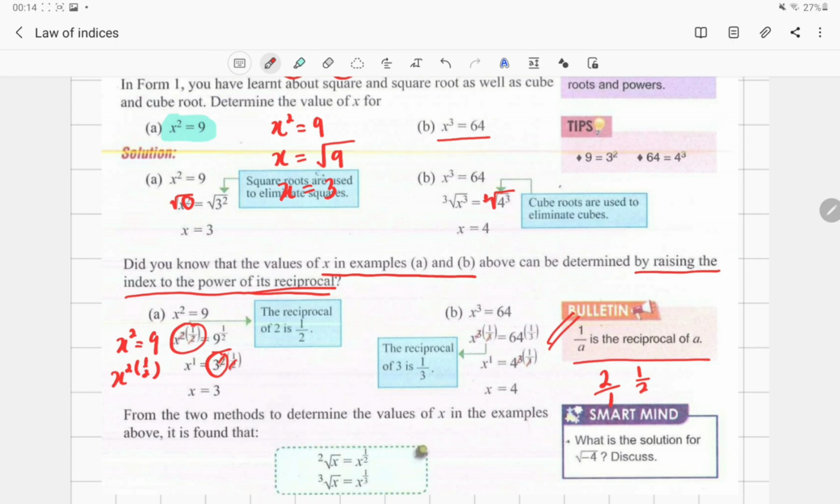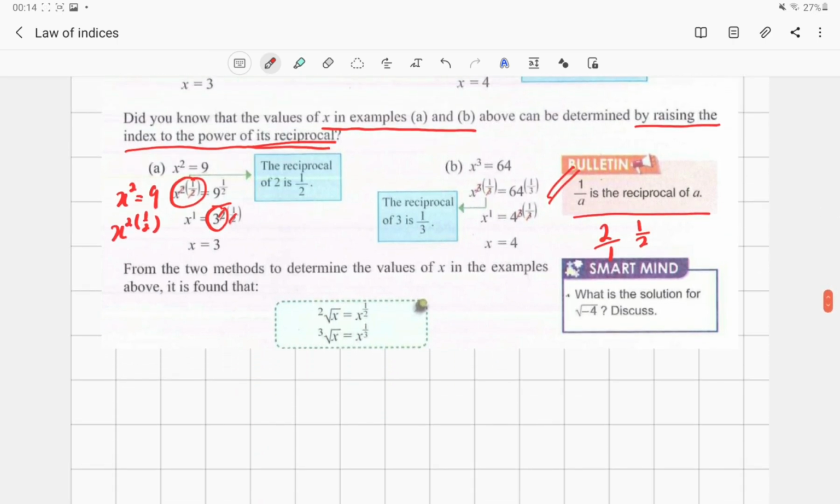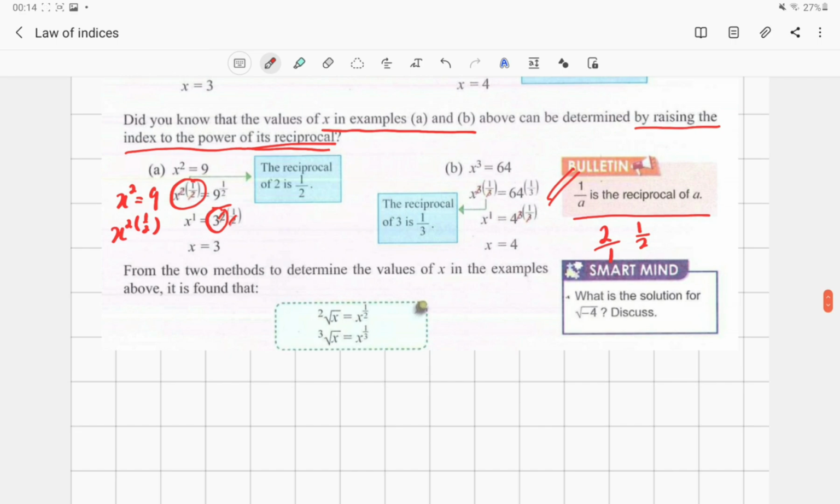Alright, so from the above methods, to determine the value of x in the examples above, we found that square root of x is equal to x to the power of 1 over 2, and cube root of x is equal to x to the power of 1 over 3.